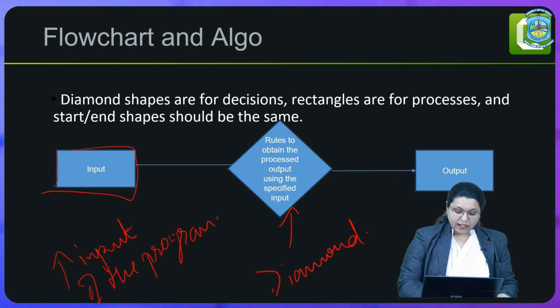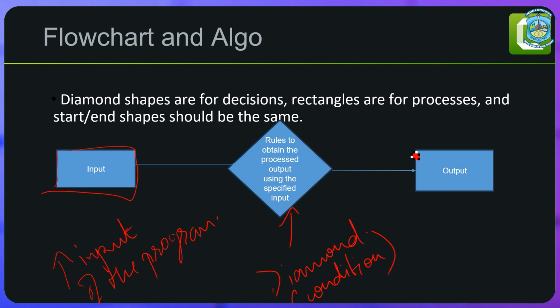Here we will write any condition of the program, and this box again will specify the output, that is, what the output of the program is. The input and output box is the same. The processing will be different, which will be in between.